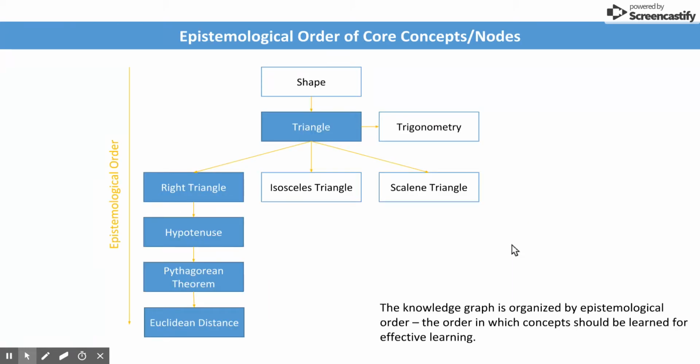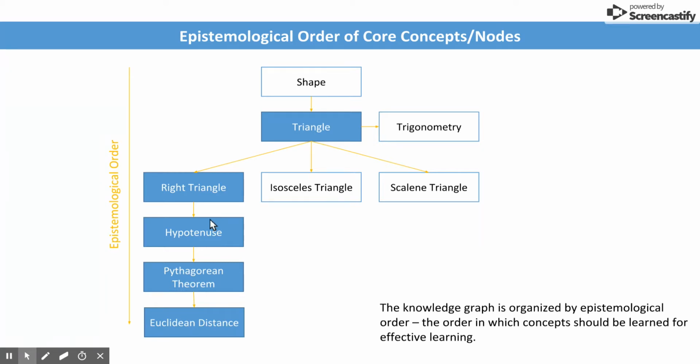This slide is just meant to show how we've structured our knowledge, and we're using the idea of the epistemological order of concepts, which we saw in a lot of research, which is basically the idea of the proper order for learning. So for example, to know the Pythagorean theorem, you need to know what a hypotenuse is and how to identify it.